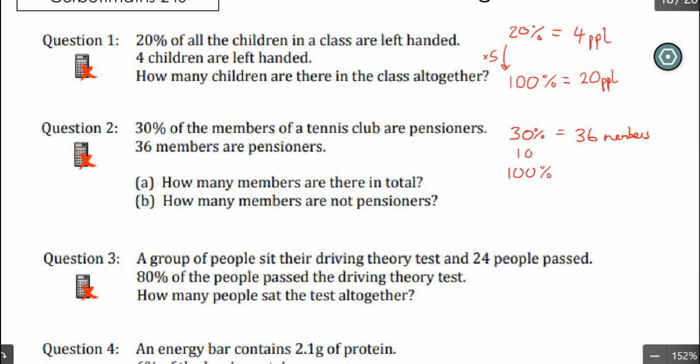I'm going to find out what 10% is first, because there's no easy way to turn 30 into 100. Now that would be dividing by 3. If I divide 36 by 3, that's going to tell me that 10% is 12 members. And then times by 10, so there are 120 members.